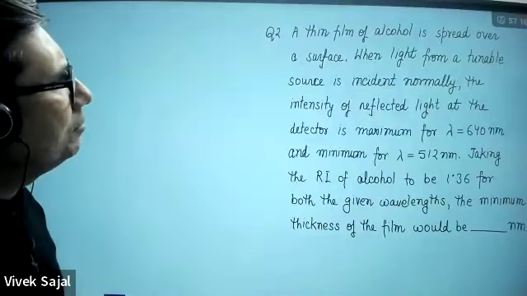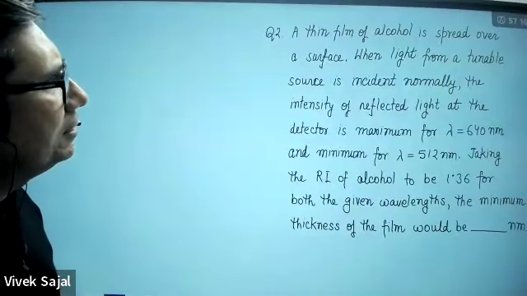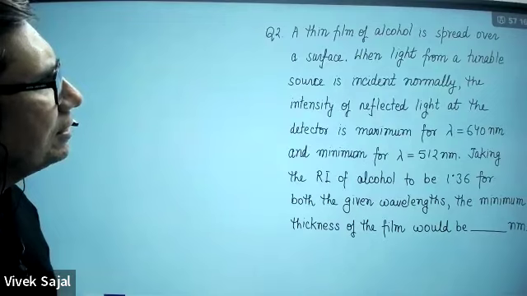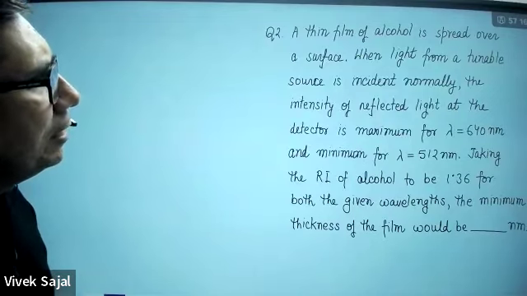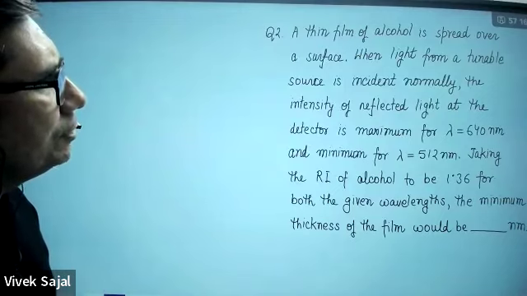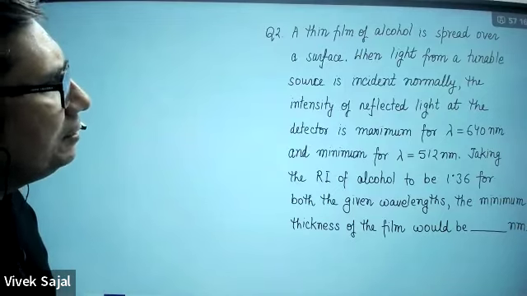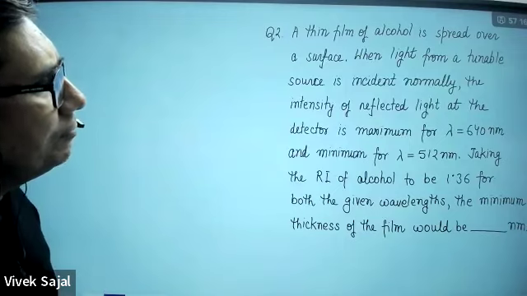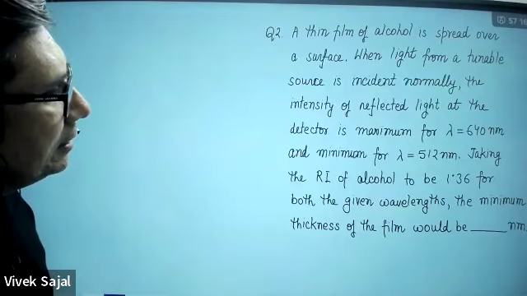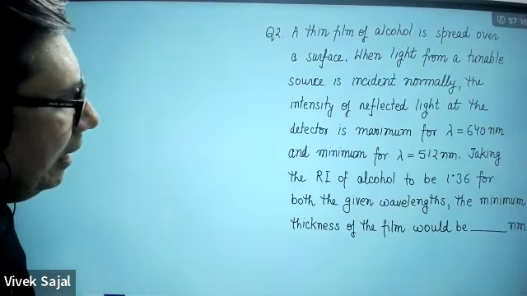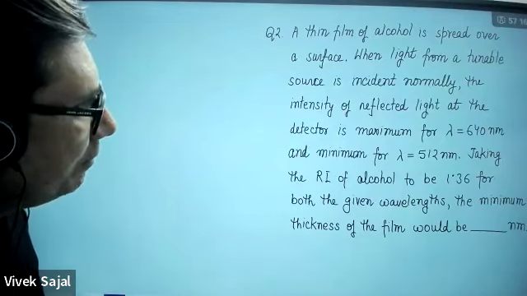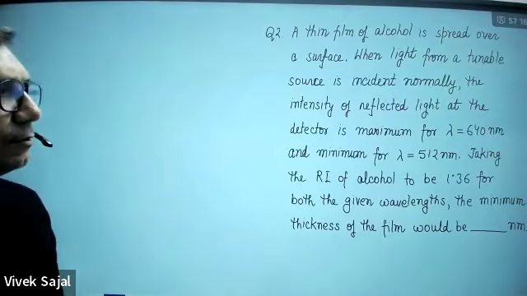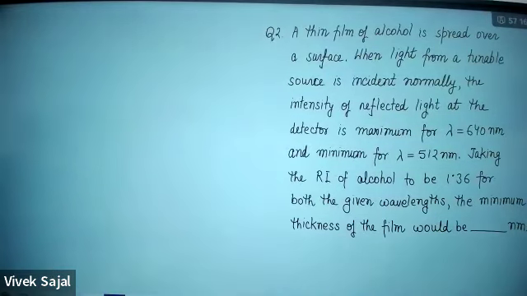When light from a tunable source is incident normally, the intensity of the reflected light at the detector is maximum for lambda equal to 640 nanometer and minimum for lambda equal to 512 nanometer. Taking the refractive index of the alcohol to be 1.36, for both the given wavelengths, the minimum thickness of the film would be. So what will be the minimum thickness of the film you have to find out?